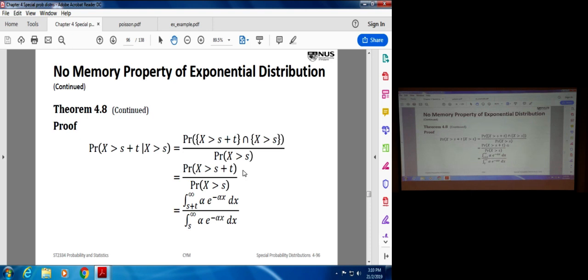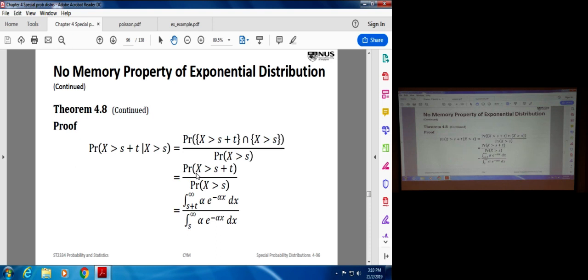The probability of a given b is the probability of a and b over the probability of b. Now if you think about the numerator here, if x is bigger than s plus t, then x is bigger than s immediately. So this intersection is just the probability that x is bigger than s plus t.